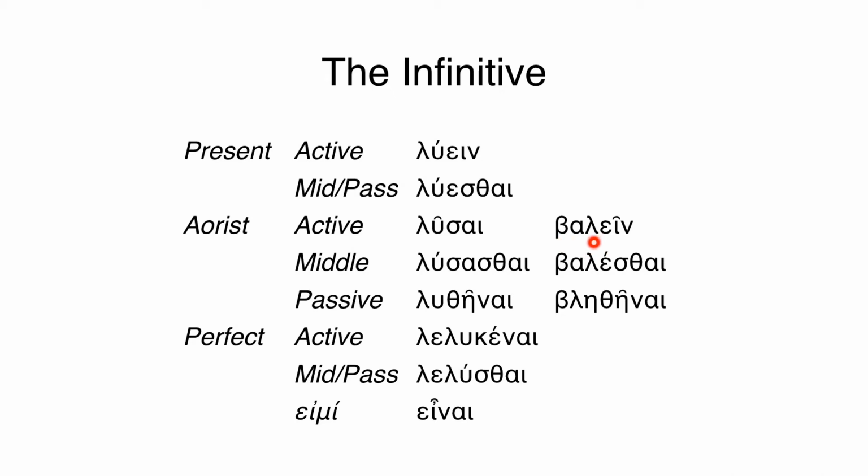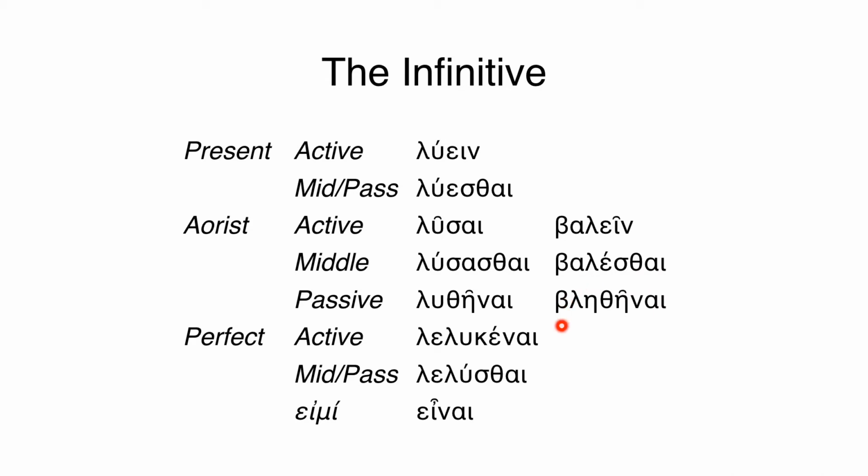Balo with one lambda is the aorist stem. That's how we know that this is an aorist form, because you'll see that the ending is the same as the present infinitive form. But we know it's an aorist because it is a second aorist with an aorist verbal stem. The middle form is balesthai.